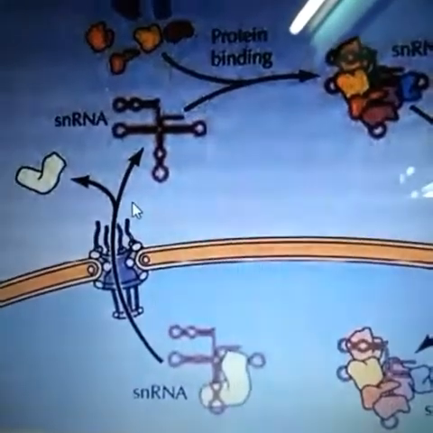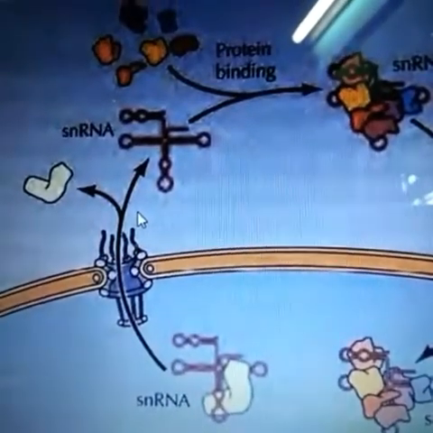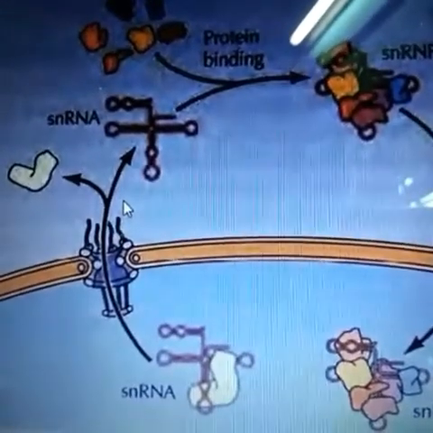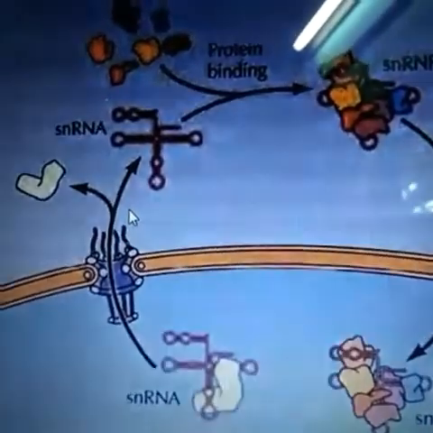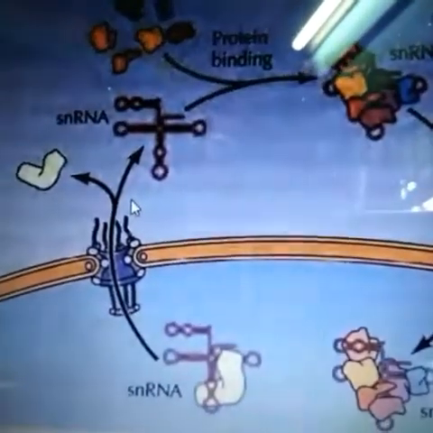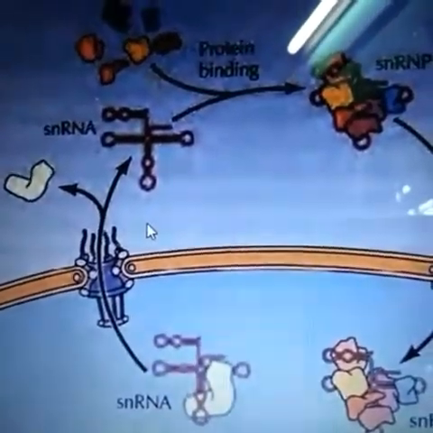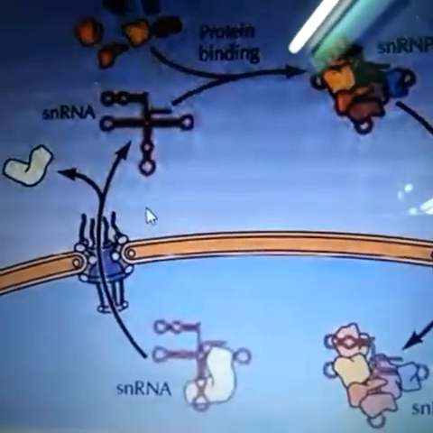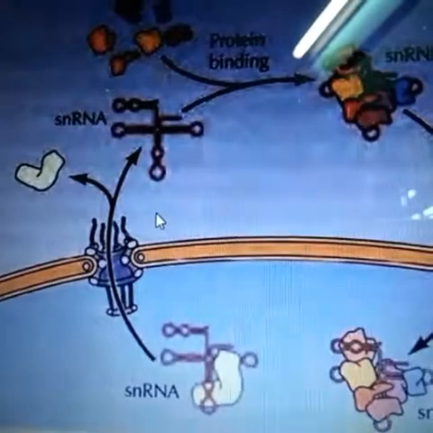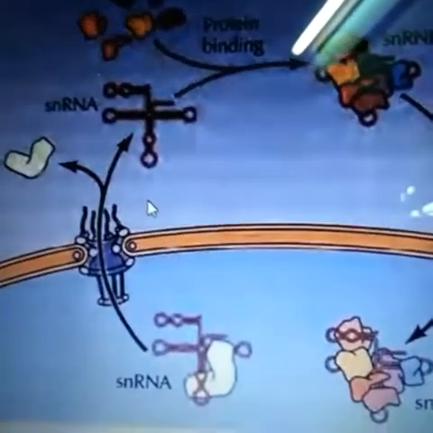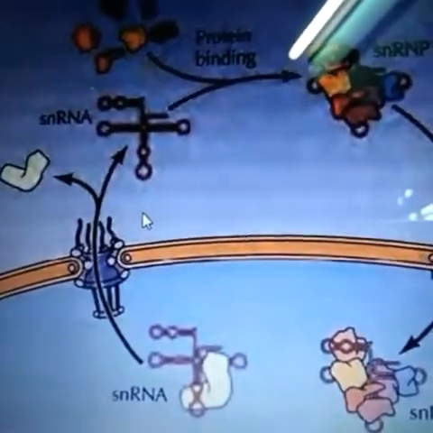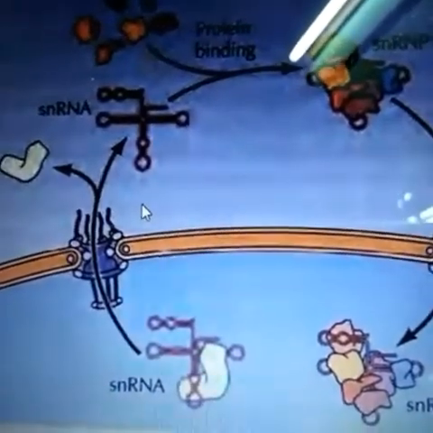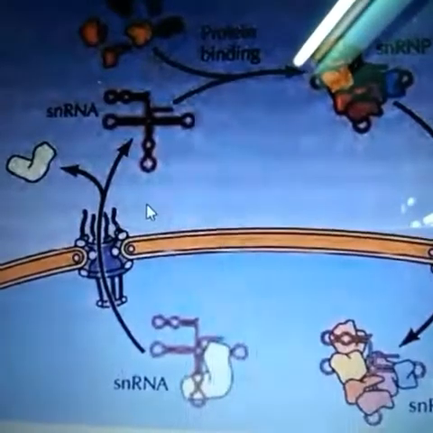And here the proteins which are important for forming a complex with small nuclear RNA bind with it and form the complex known as the small nuclear RNP, or small nuclear ribonucleoprotein. After formation of the complex, these complexes are imported back towards the nucleus, and thus the mechanism is completed.